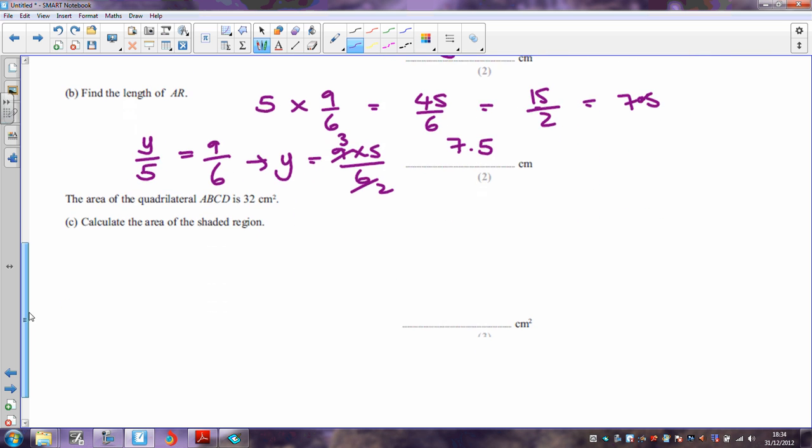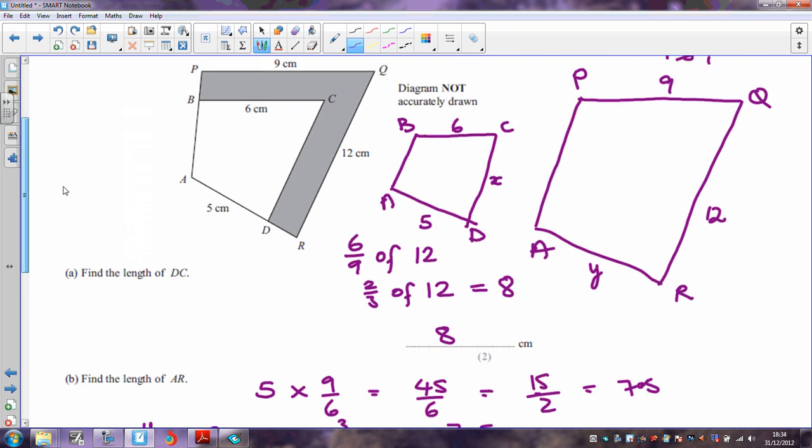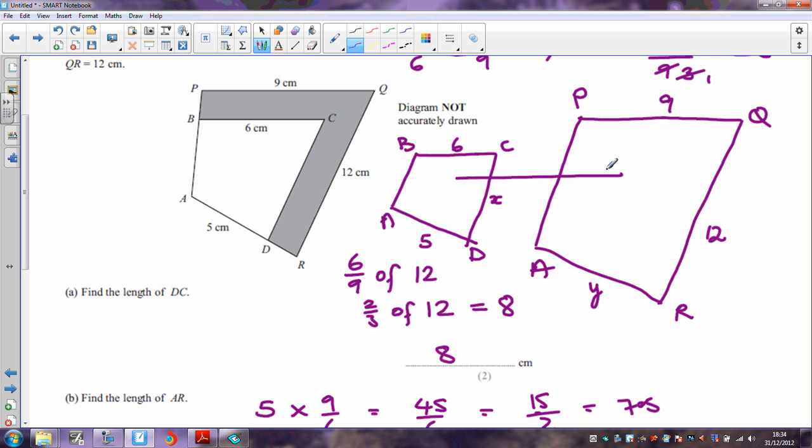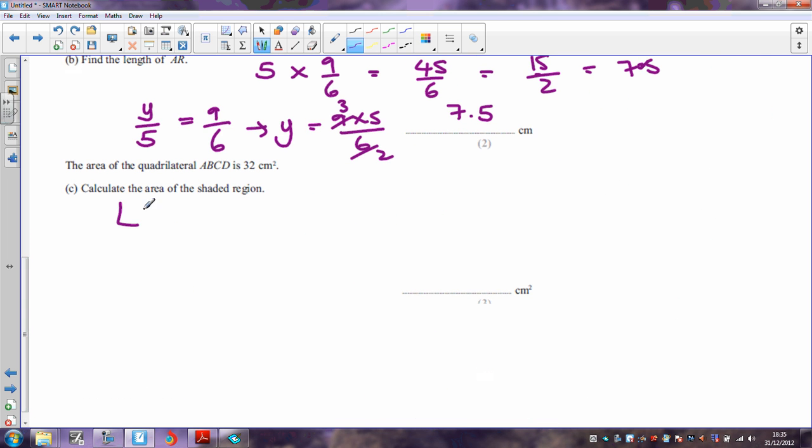Now we go into areas, which is a little bit more tricky, and it's easier to think here of scale factors. And the scale factor for length that takes us from the small quadrilateral to the big quadrilateral is just 9 over 6. And 9 over 6, in other words, the length on the new one divided by the length on the old, 9 over 6 is the same as 3 over 2. Okay, so what we normally say is that the length scale factor is 3 over 2, or if you like, 1.5.